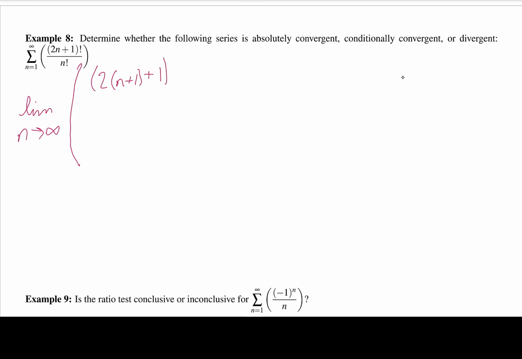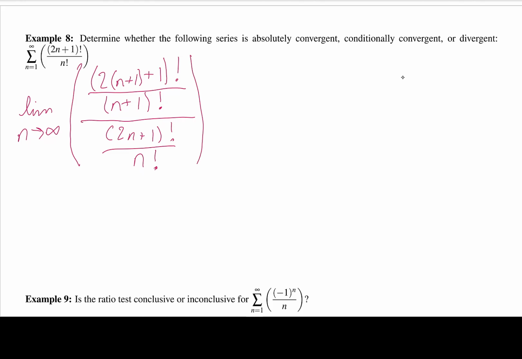So we'll have 2 times n plus 1 factorial over n plus 1 factorial divided by, now we should just have a sub n. So this will be 2n plus 1 factorial over n factorial. Right. Now I'm going to put the absolute value sign in here, but it's going to go away immediately because n starts at 1, and so our factorial means we're just multiplying positive numbers, so there's really no need for an absolute value right here.